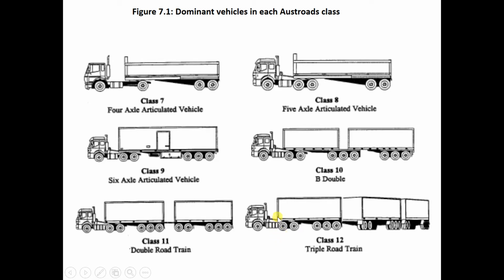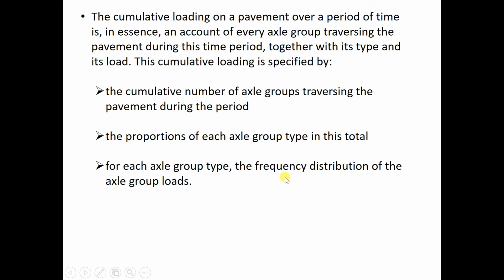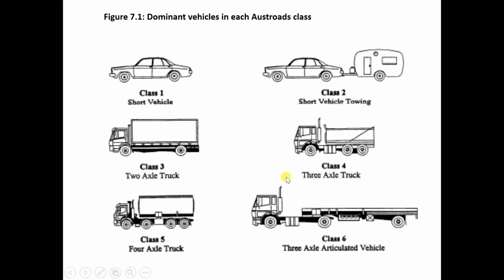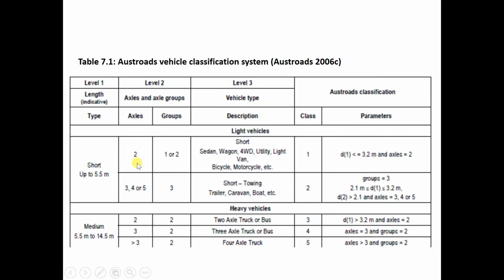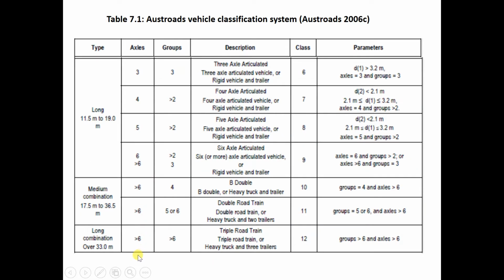So actually we need to find out what the average axle number is for the heavy vehicles. Later on we will come to that. There are so many axle groups, but what is the average axle? From what we see here, from 2 to 6, and more than 6 axles.